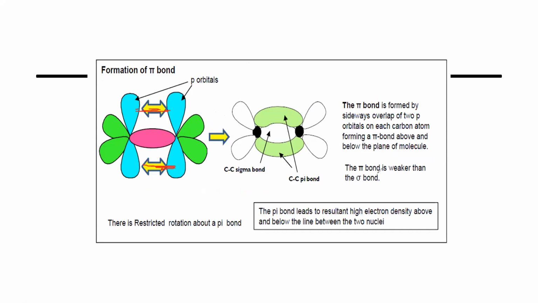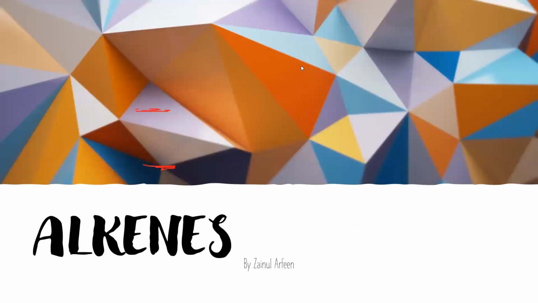Is it clear, the concept of sigma and the pi bond? Any question or a doubt till this point? So this is the topic alkenes.